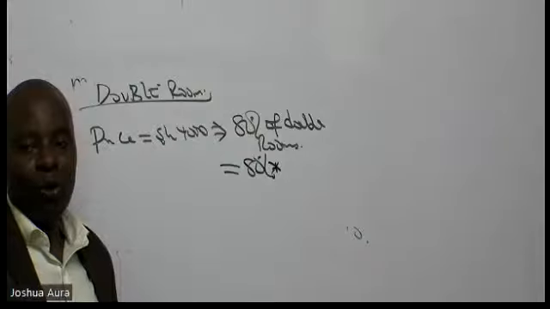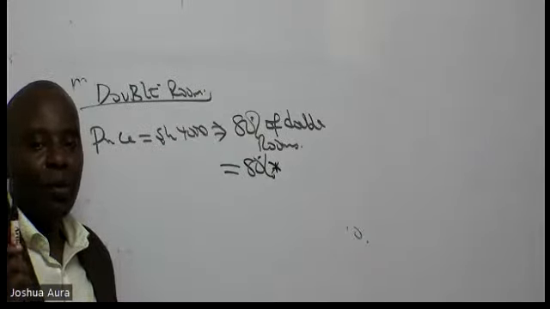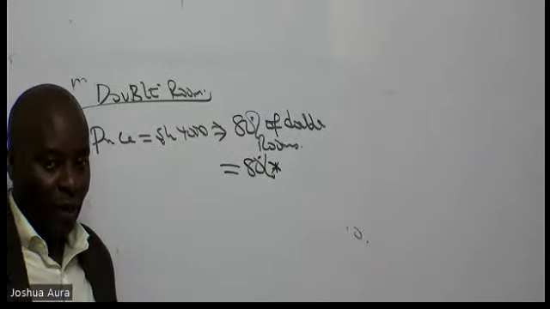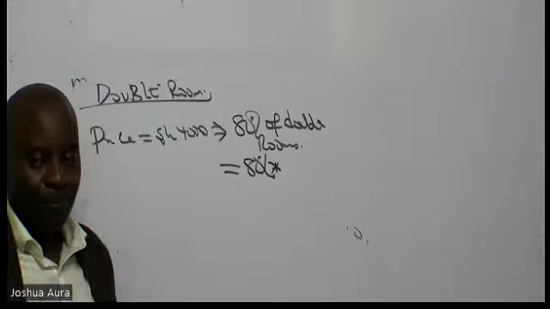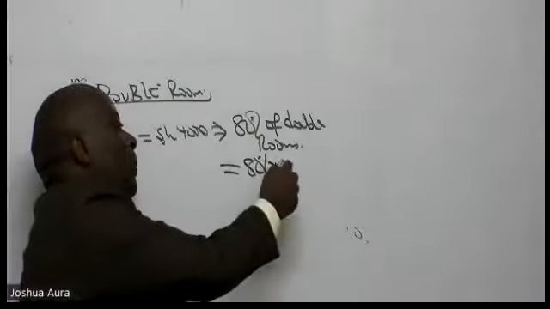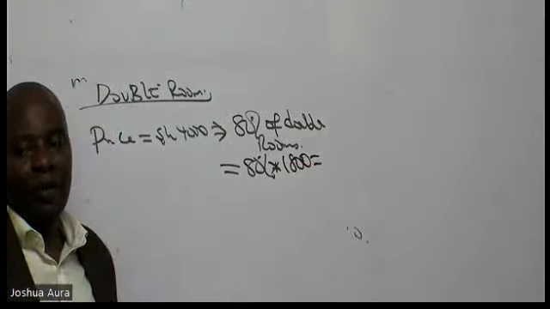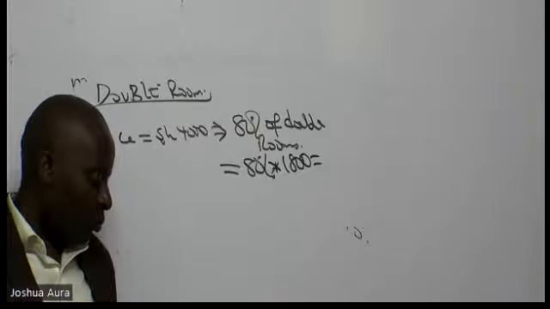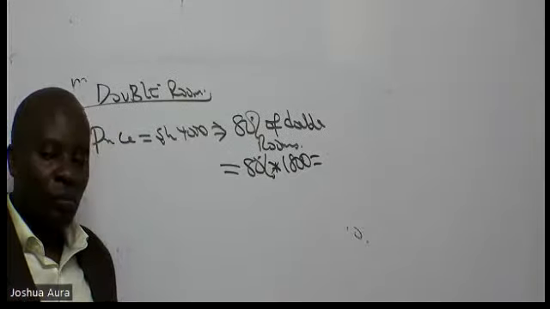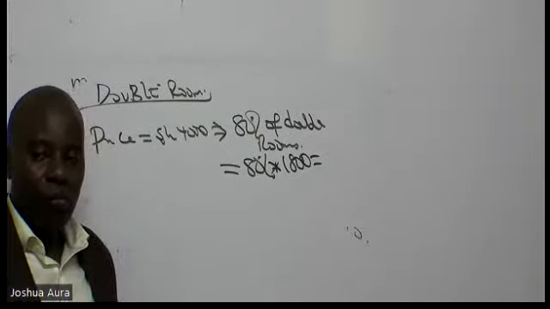Is there somebody who is able to remind us the number of double rooms that we have from the working we did up there? 1,800. So 80% of 1,800 gives me how much? 1,440.